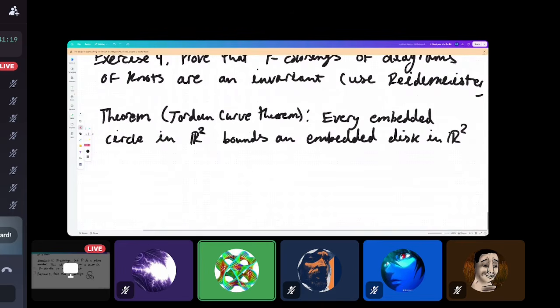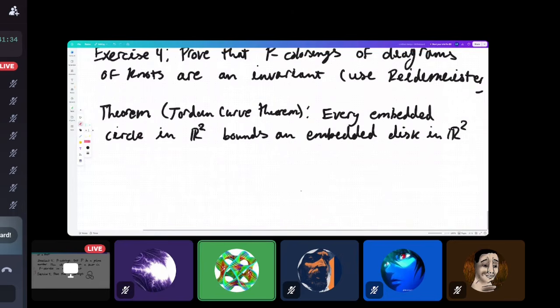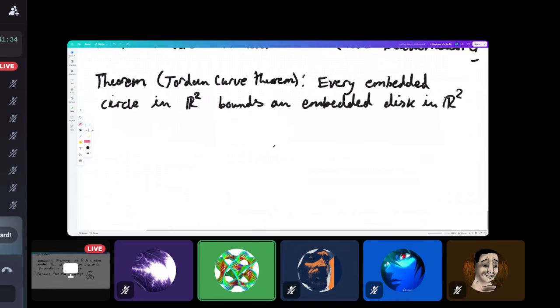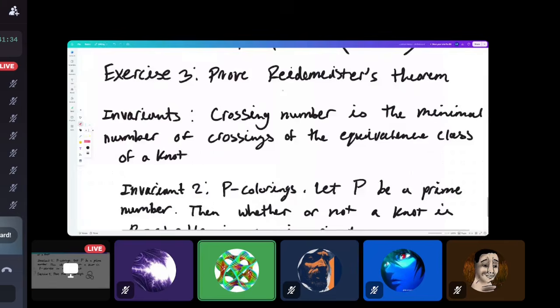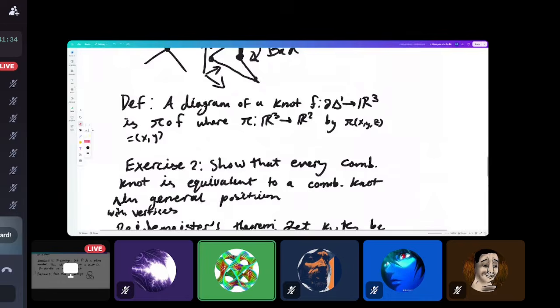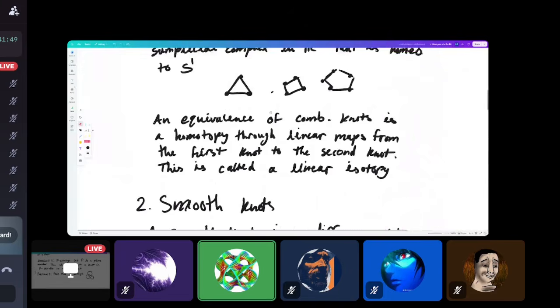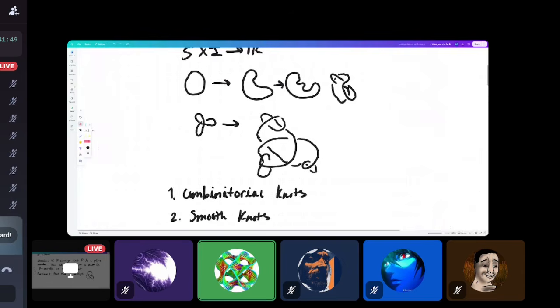It looks like we might have to create a new slide soon. Okay, so you might think that this is obvious, but this is very much not an obvious theorem. For example, we go all the way up to that paradox or that wild embedding right here, the wild embedding of knots.